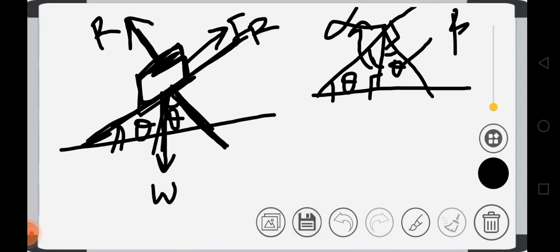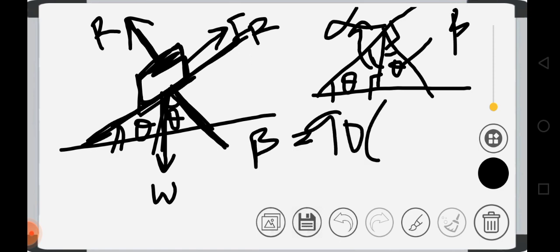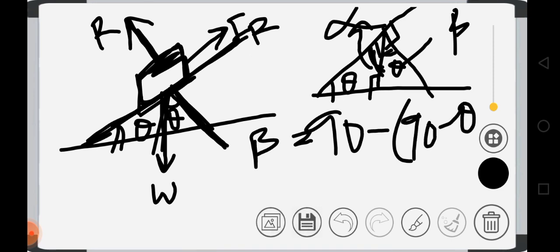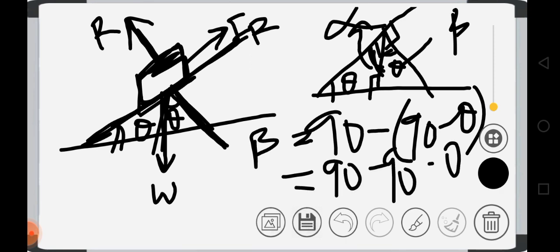So that beta now will be equal to 90 minus this particular one here, because this angle here will be 90. The full angle is 90, and that particular one is 90 minus theta. So that will be equal to 90 minus 90 minus theta. So that will be equal to theta.